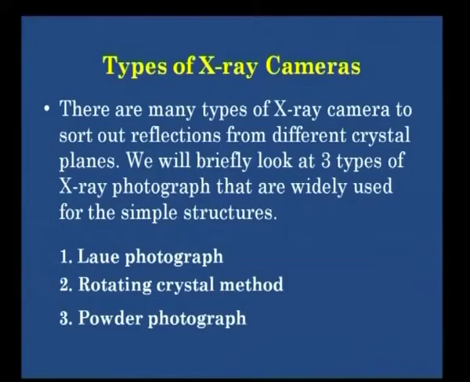And the powder photograph, in which the powder is kept in a so-called Lindemann tube. Having discussed the Laue method, we will restrict ourselves now to the rotating crystal method and the powder photograph. Now, let us make a comparative study of the different methods.